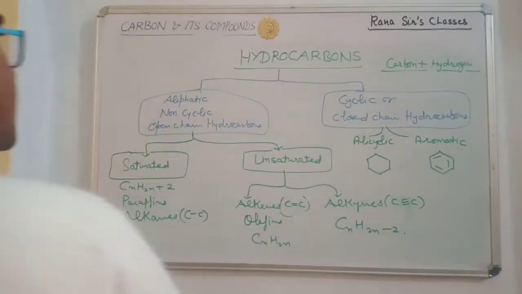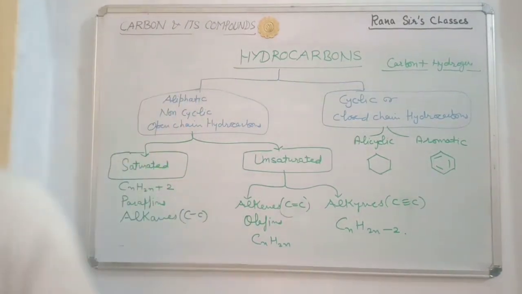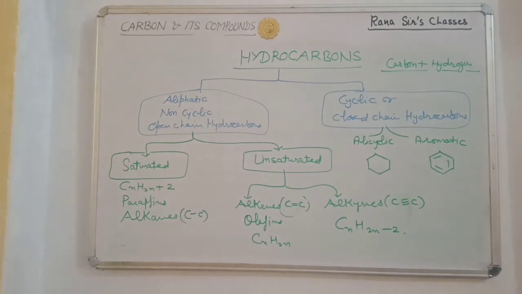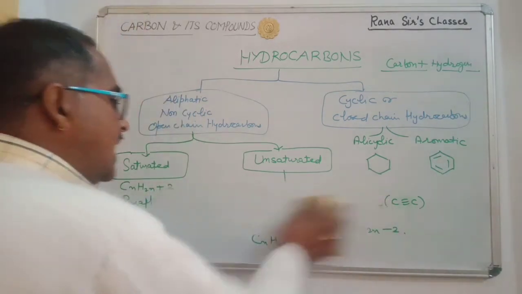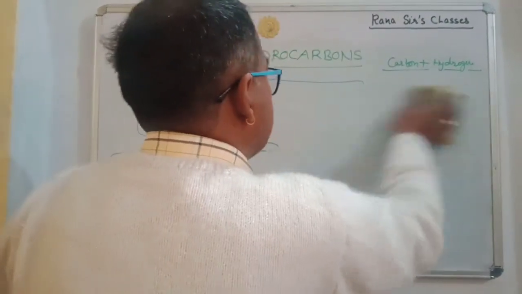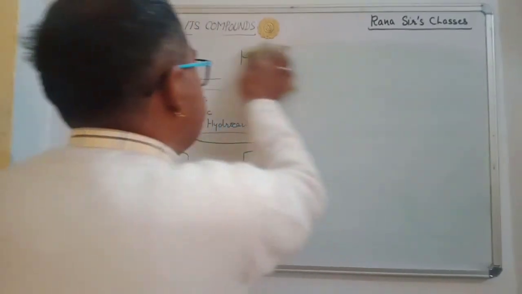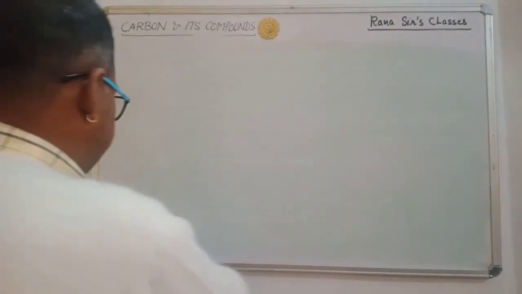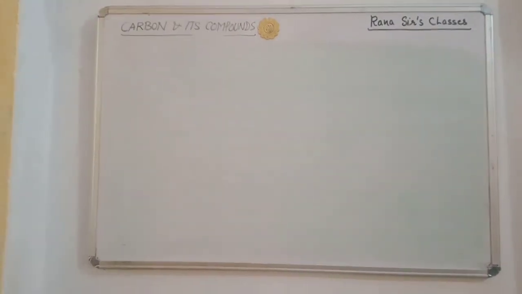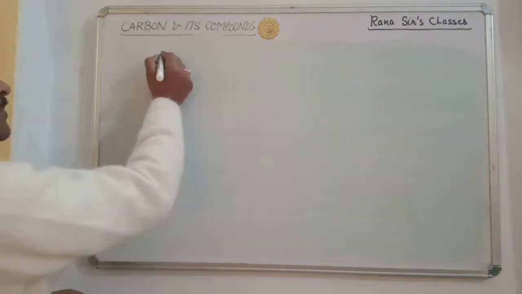So this is the simple classification of hydrocarbons. Now we can understand them by examples also. First we take alkane. You see students, alkanes.